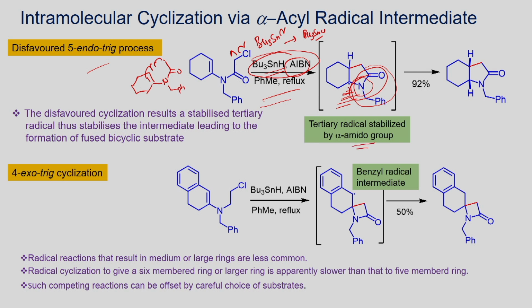Once we form this tertiary radical, this radical now can react with the tributyl tin hydride, and you can get this bicyclic lactam as the product.